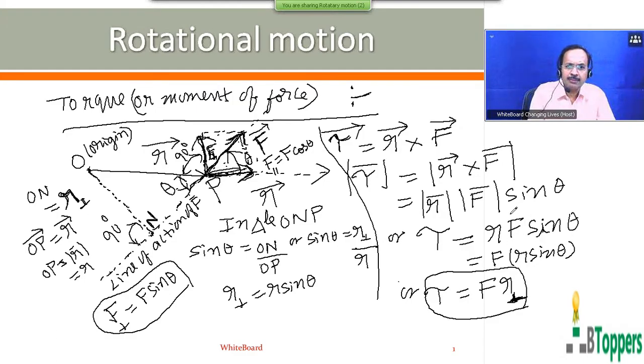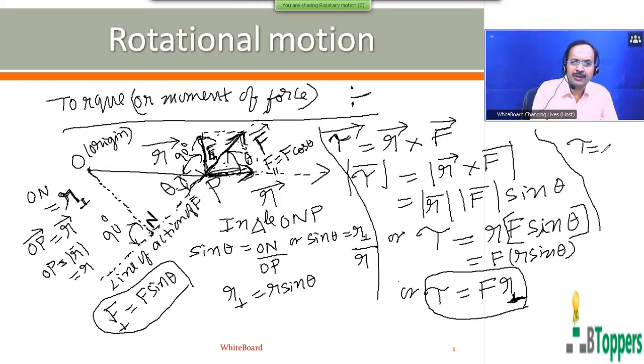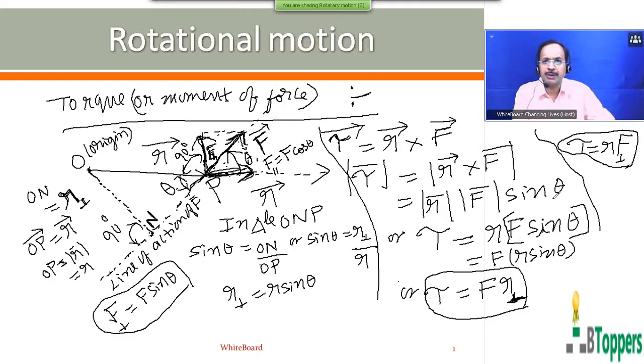So the magnitude of the torque can be written as R into F sin theta. So the magnitude of the torque can also be written as R into F perpendicular. So we may use any one of these forms in calculation of the magnitude of the torque depending on the situation in the problem, depending upon the information given in the problem.